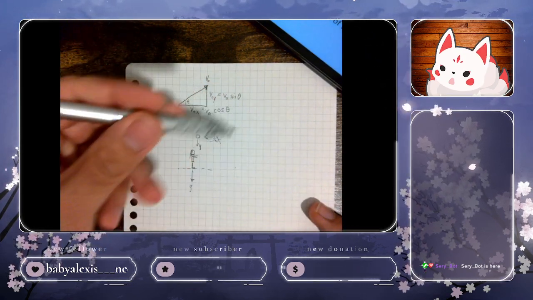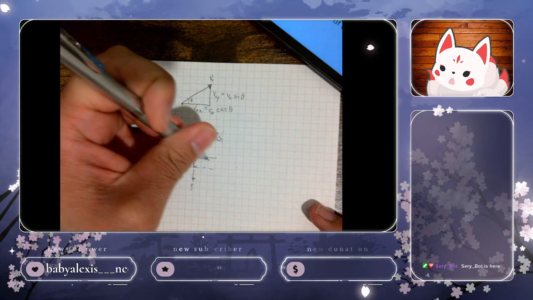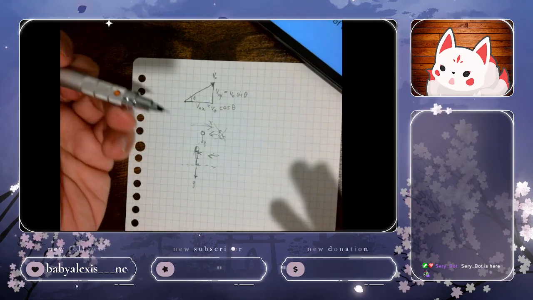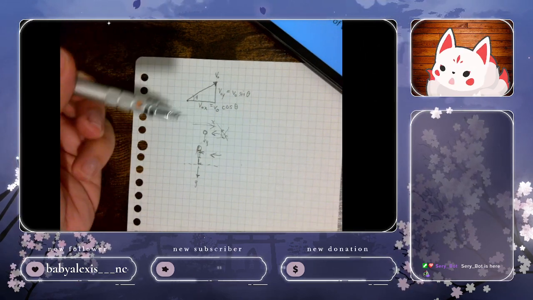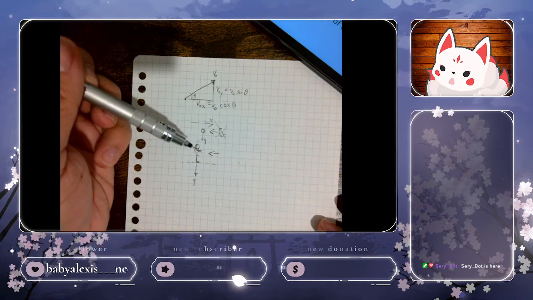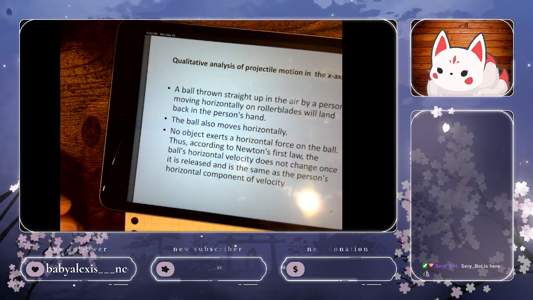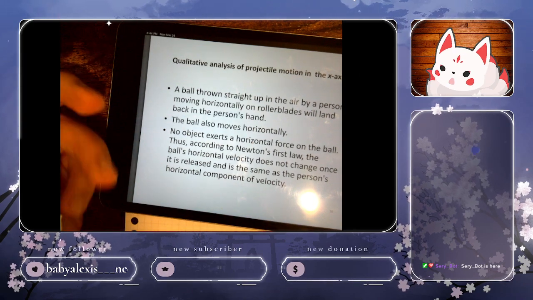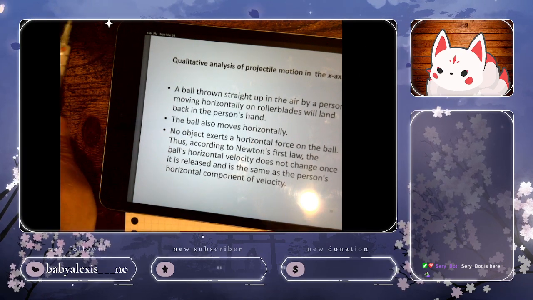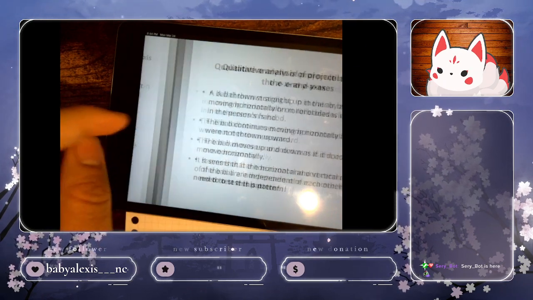They're both going to go this way because nothing is slowing either. Wind resistance for her too. If you were rollerblading in real life, you would slow down at some point, but not in her case. She'll go forever. No object exerts a horizontal force, according to the first law.